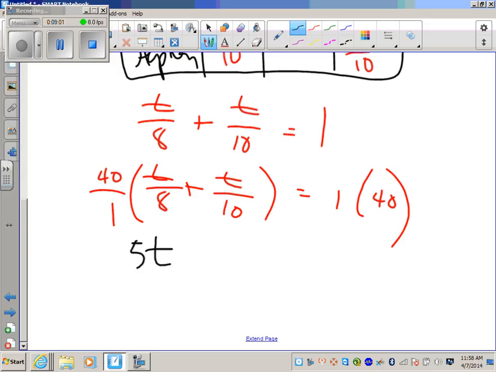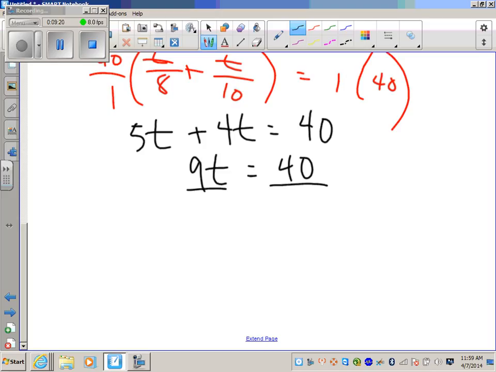5T plus 4T equals 40. Right, it will equal 9T. 9T equals 40.